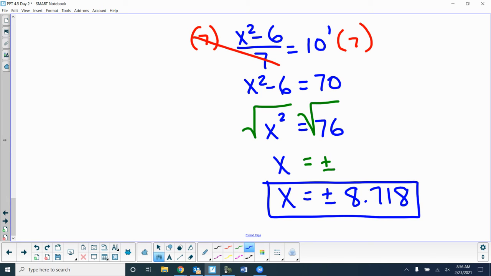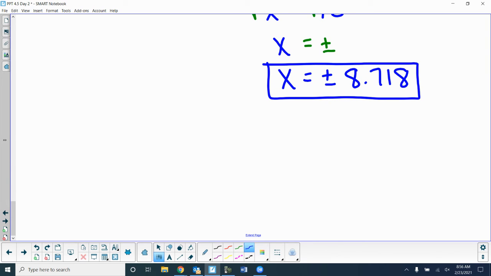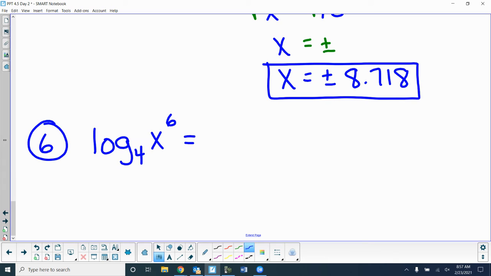All right. Number 6. That's another one that's got that exponent in it, like number 4 had. So log base 4 of x to the 6th equals 8. Now, some of you might have written x to the 6th equals 4 to the 8th.